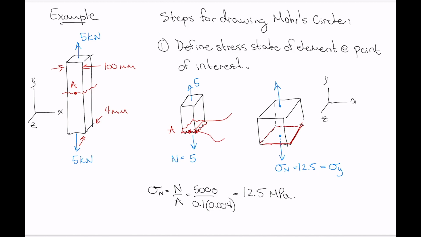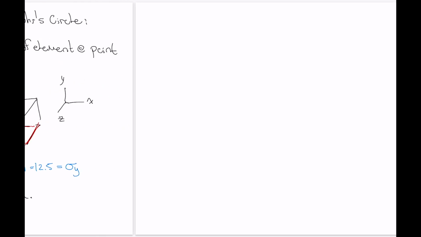And you want to take the 2-dimensional view that captures all of the stresses that you've drawn on the element. That's a good way to explain it for this course. So let's go to the next page and write that down as the next step.